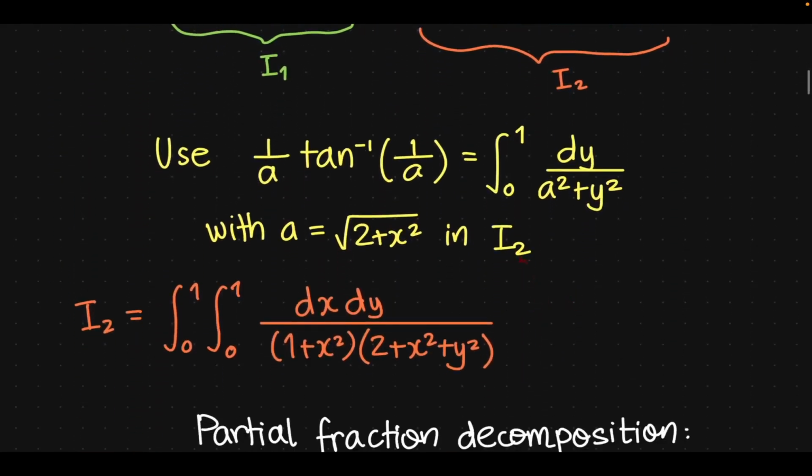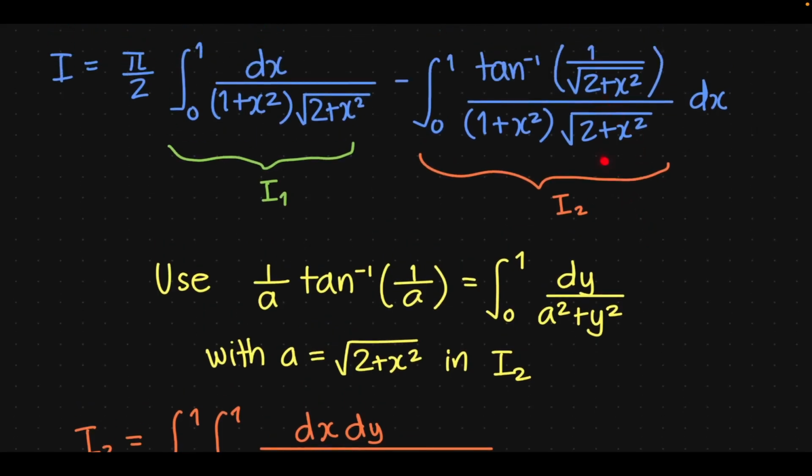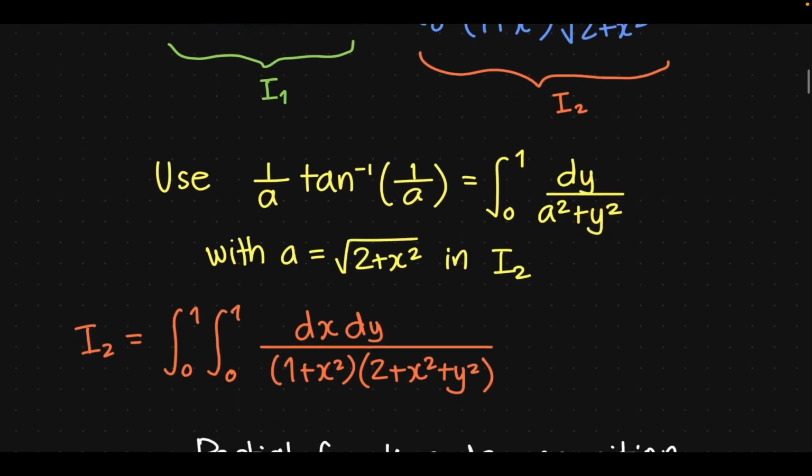So with this observation that the factor that was in the tan inverse was also in the denominator, we can write I2 as an integral over two variables because of this yellow identity here.